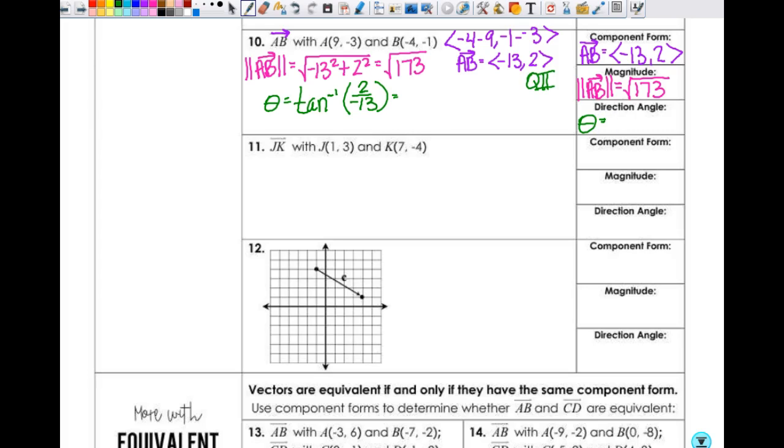So since it's negative, it's going to give me quadrant 4, and I add 180. Make sure you're actually getting these numbers and don't just copy them down. And if you're not getting them, please make sure you say something. What questions do you have?